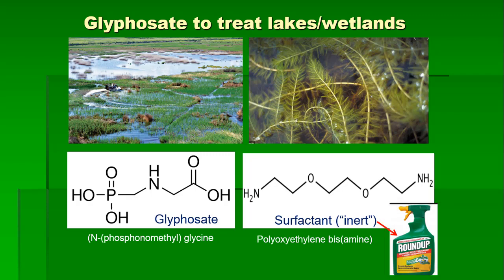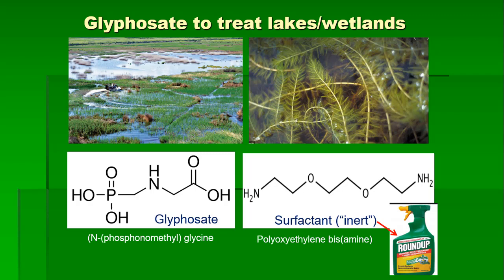So basically the toxicity was attributed to the surfactant, which, as you can see, is a polyethoxylated amine that we can see here on the slide. And these studies actually prompted a new label of not applying to weeds that were growing in or over water, and obviously don't spray across any open water body.